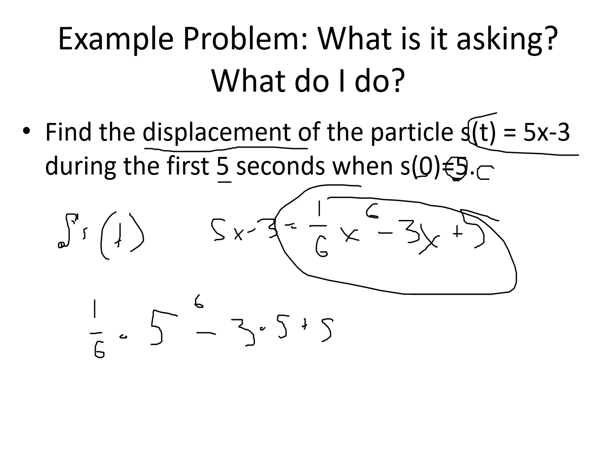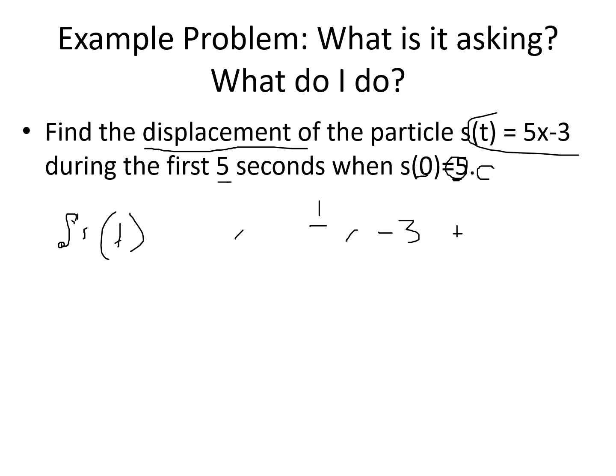I've made a horrendous mistake in that the exponent over here is 1. So the integral was completely wrong. The integral is actually 5 over 2 x squared minus 3x plus 5.